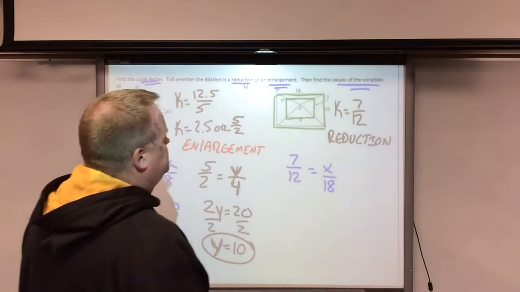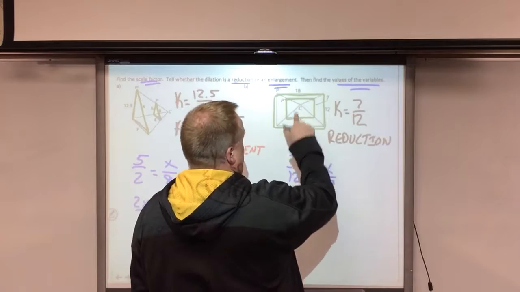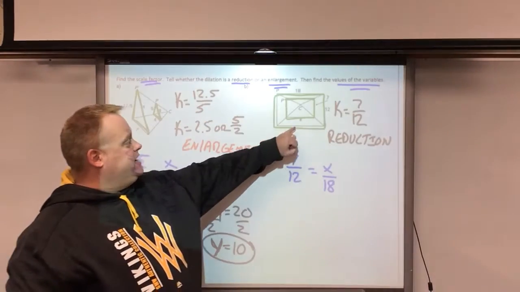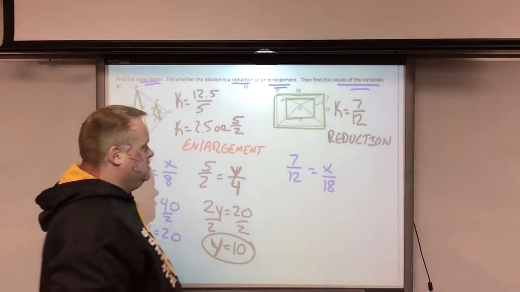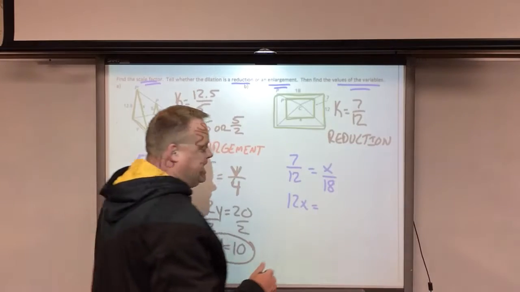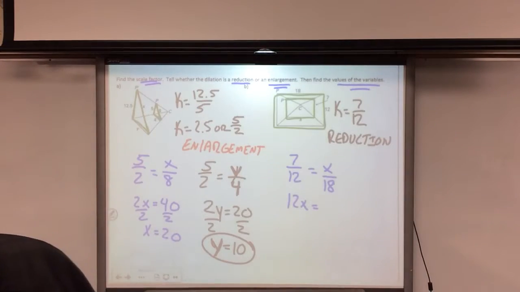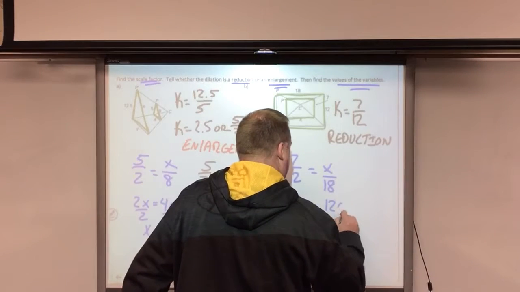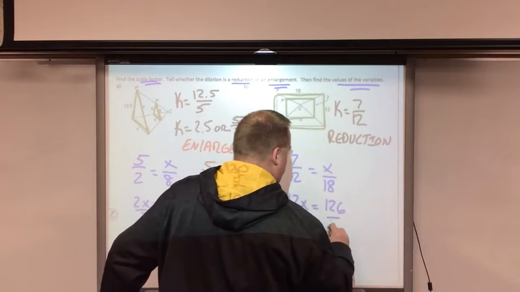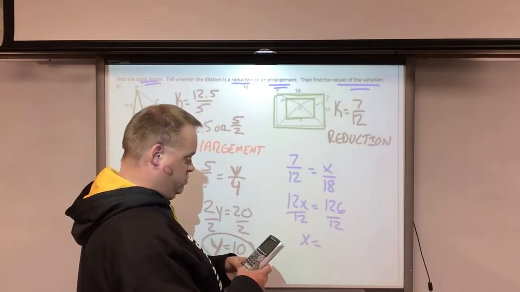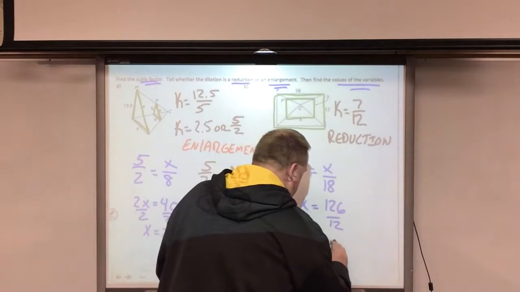The reason why is that I know these sides correspond, so I can use the 18 comparing to the x. So this becomes, cross multiplying, 12x equals 18 times 7. 18 times 7 is 126. Divide by 12, and x is going to be equal to, what's 126 divided by 12? 10.5.